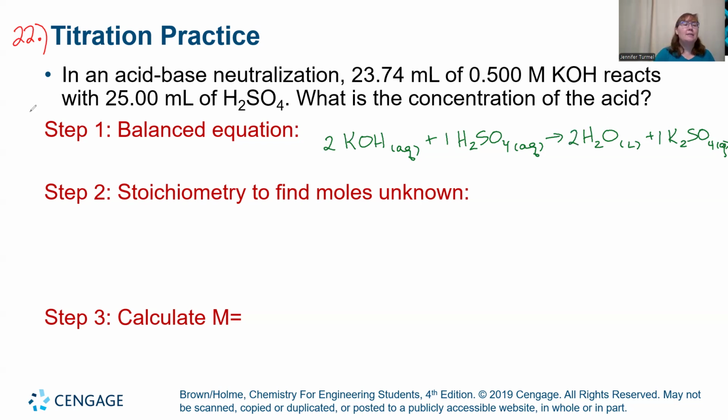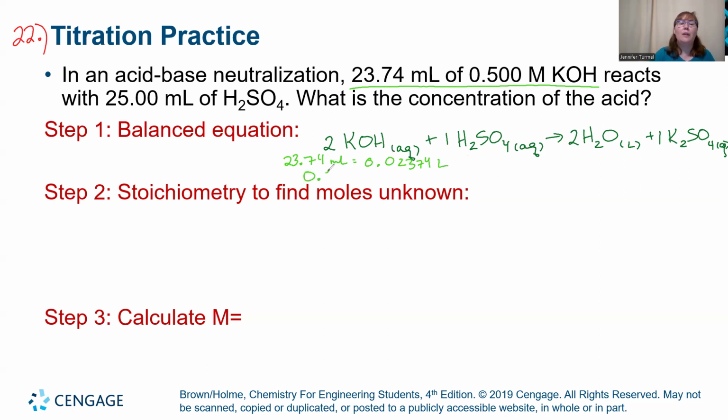All right, so now let's take a look at what we have where. Here we have 23.74 milliliters of 0.5 molar potassium hydroxide. So this one becomes 23.74 milliliters. And from before, we know that this converts automatically to 0.02374 liters.